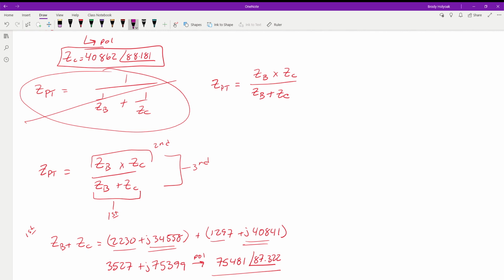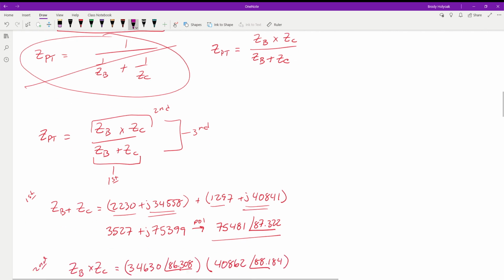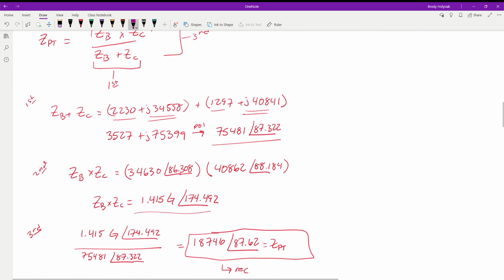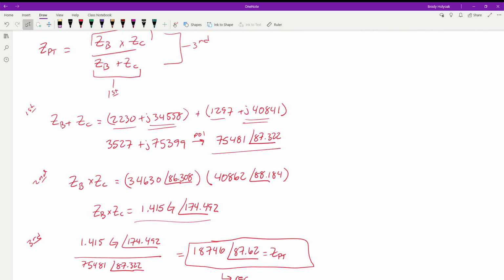Now, you can go back through the reciprocal rule, and you should end up with something pretty close, within a couple of points of this value, if not the exact same. It just depends on the rounding that you do on your calculator. This one I feel we didn't have much rounding because we didn't convert much. We just used the values that were already given.